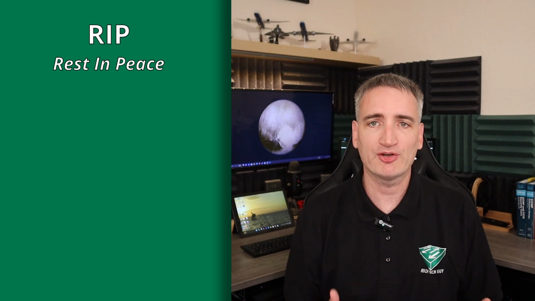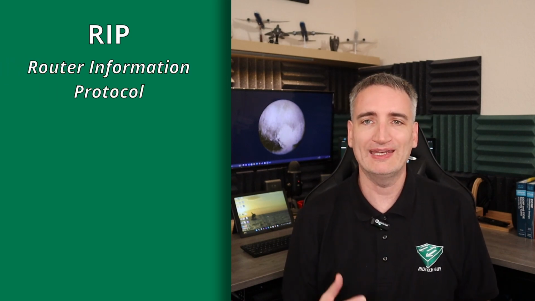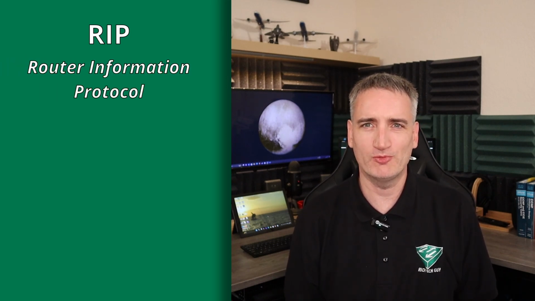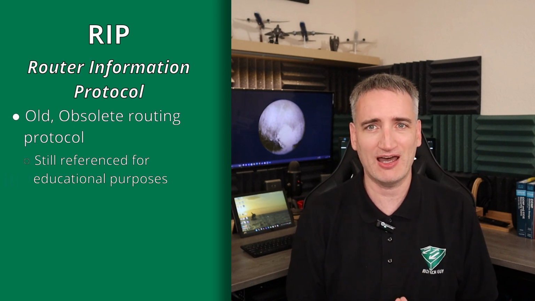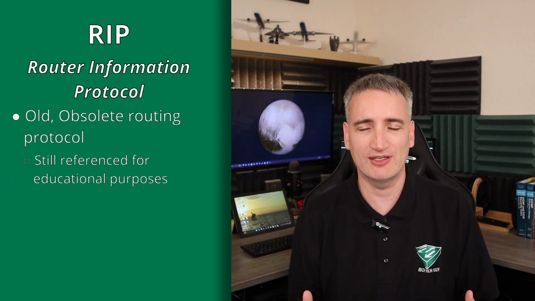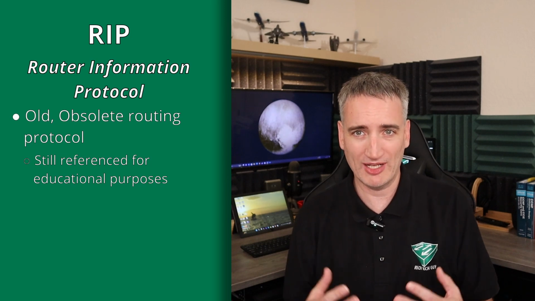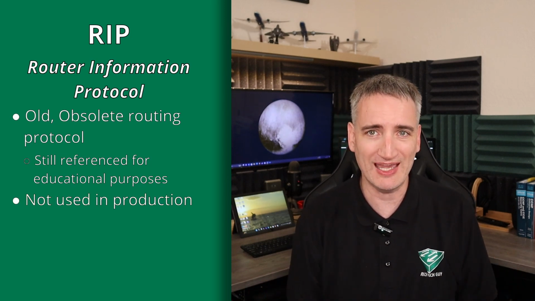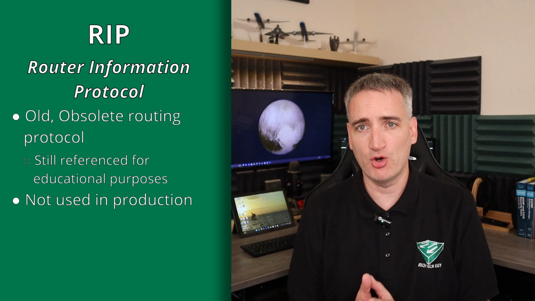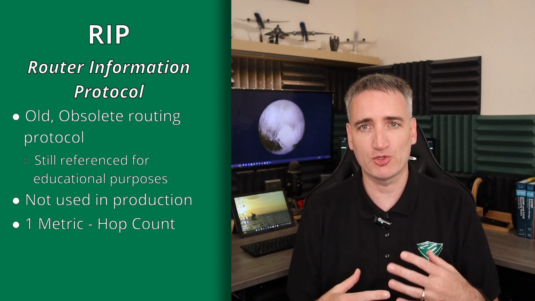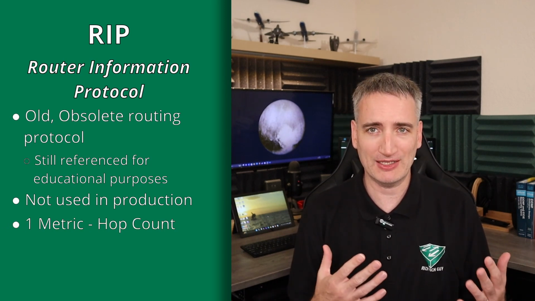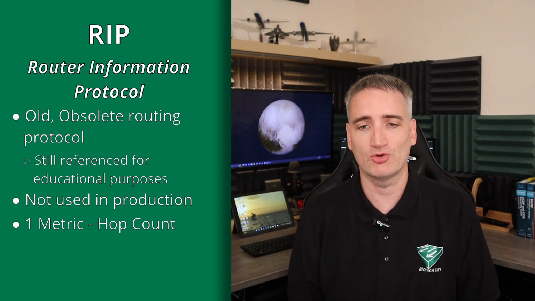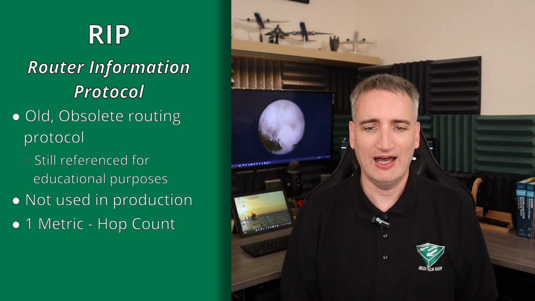Starting with RIP. RIP stands for Routing Information Protocol, and it is an old and obsolete routing protocol, and I cannot imagine any possible reason why you would be running RIP in a production network today. Now, RIP has only one metric for measuring routes, and that metric is distance, or number of hops.